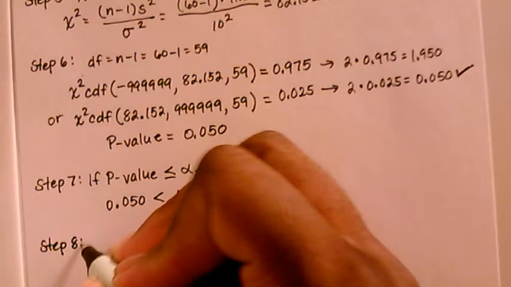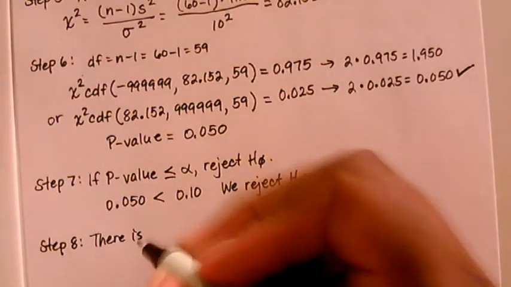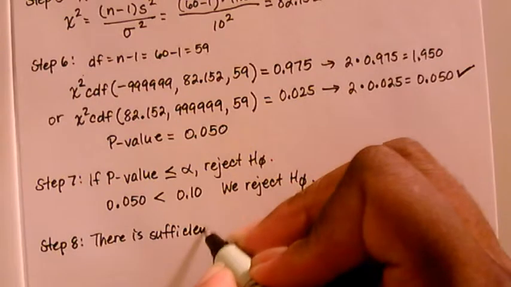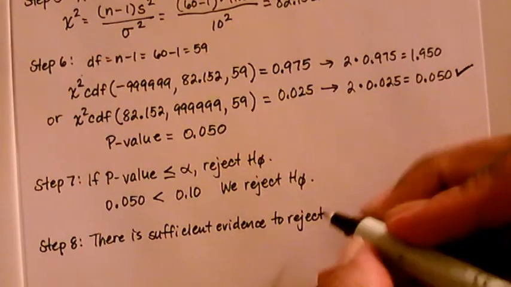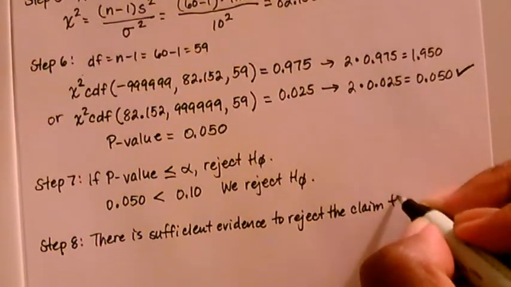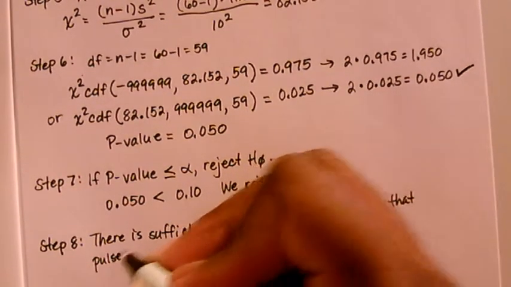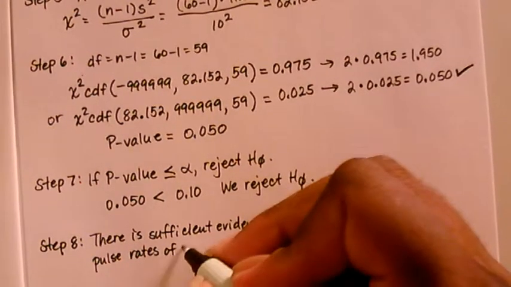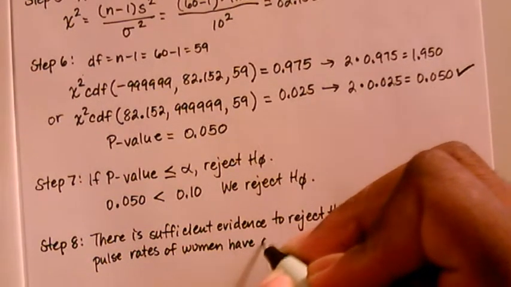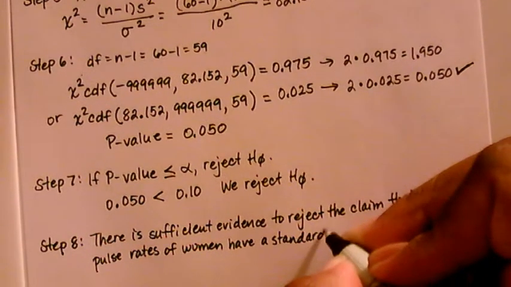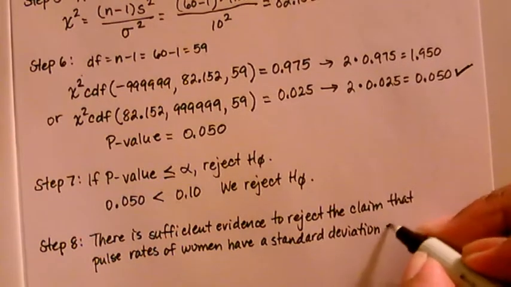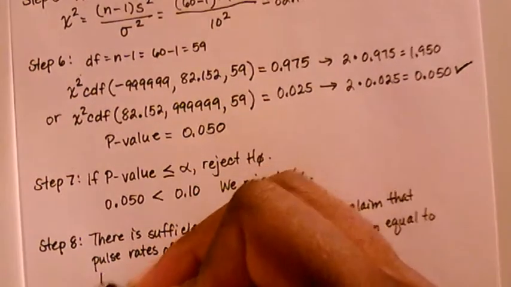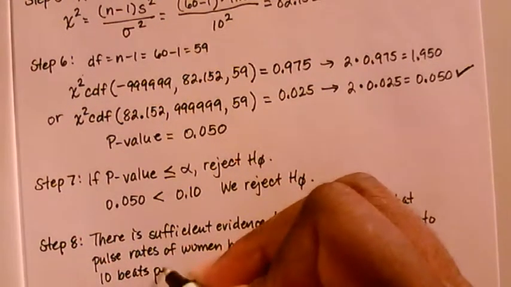So in step number 8, we say there is sufficient evidence to reject the claim that pulse rates of women have a standard deviation equal to 10 beats per minute.